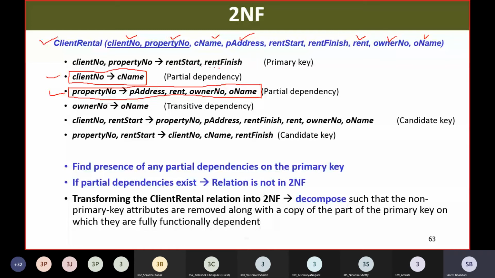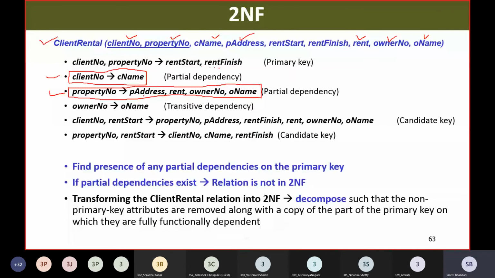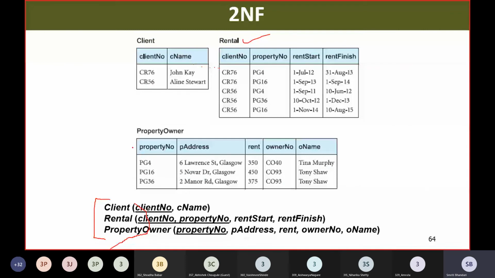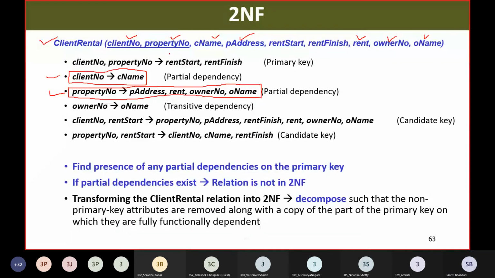We are having initially this one relation in 1NF. We used partial dependencies to come up with two separate tables, right? So client number, client name will go in one table. Property number, property address, rent, owner number, owner name, which is the other partial dependency, will go in another table.